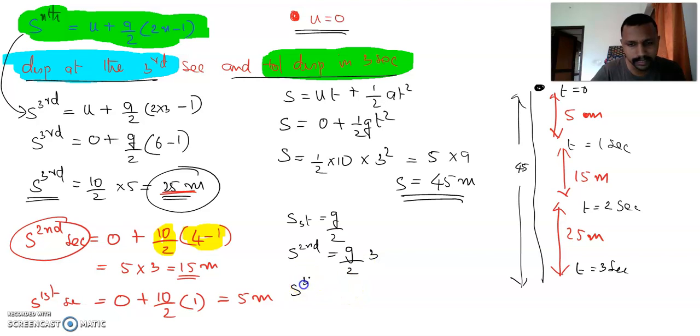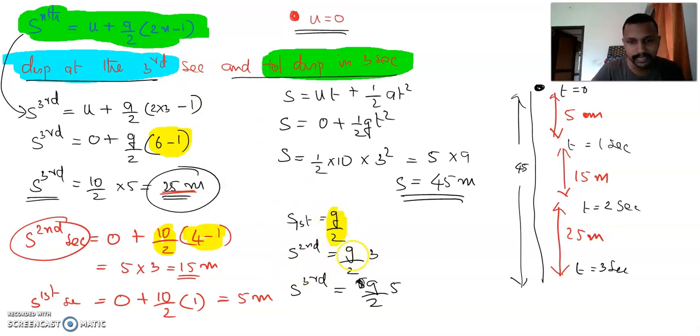Displacement at the third second, if we are writing like this in order to create a pattern, it was, look over here, 6 minus 1 is 5 and 5g by 2. Therefore I could write it is g by 2 into 5. At the first second it was g by 2.